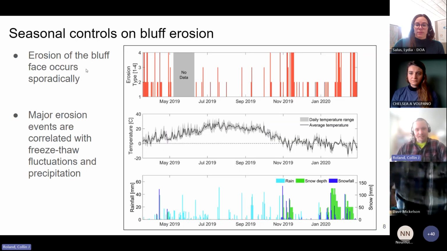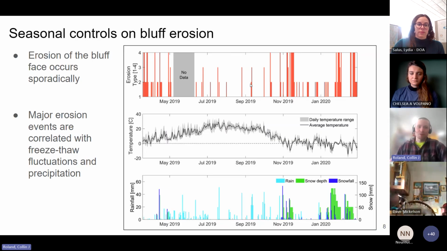I watched a lot of these time-lapse camera videos and categorized bluff recession, from 1 being little recession to 4 being a lot of recession. That's what you're seeing in this top right plot. If the red bar is really long, that's a big erosion event. We can see the erosion isn't continuous. It's rather sporadic. We only have maybe a couple of weeks throughout the year when we have these really long bars.